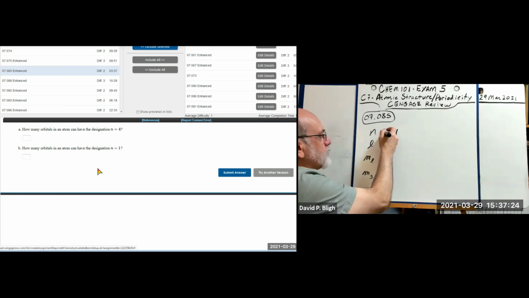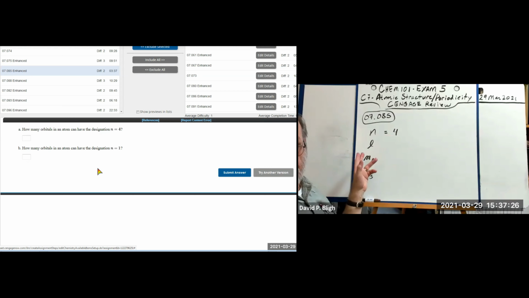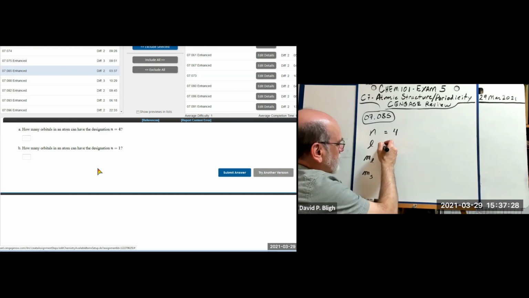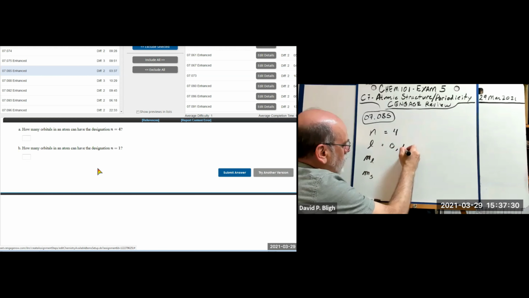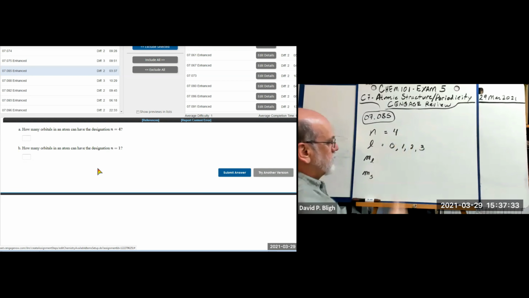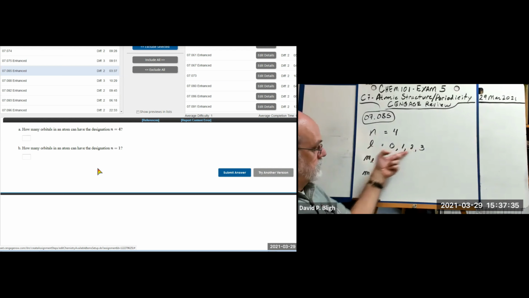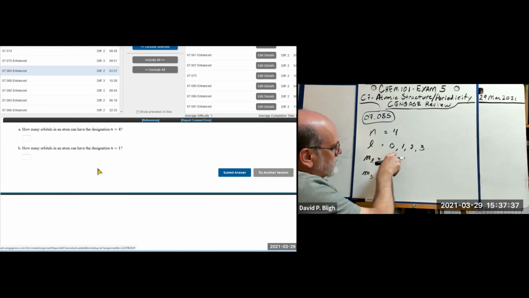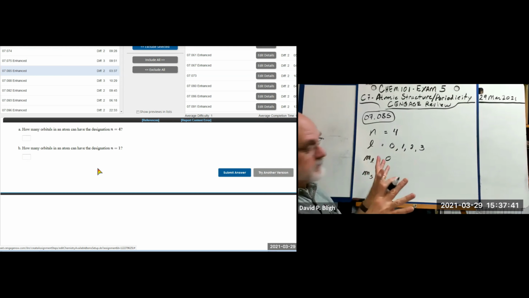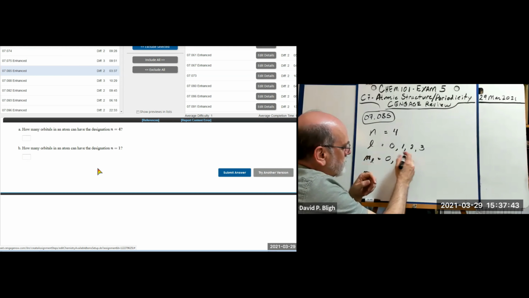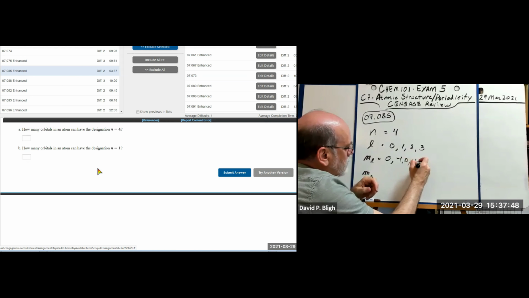If n equals 4, how many l values can it have? It can be 0, 1, 2, or 3. You can have 4 levels, right? How about each one of these? Well, that one can have only 1. This one can have -1, 0, +1.